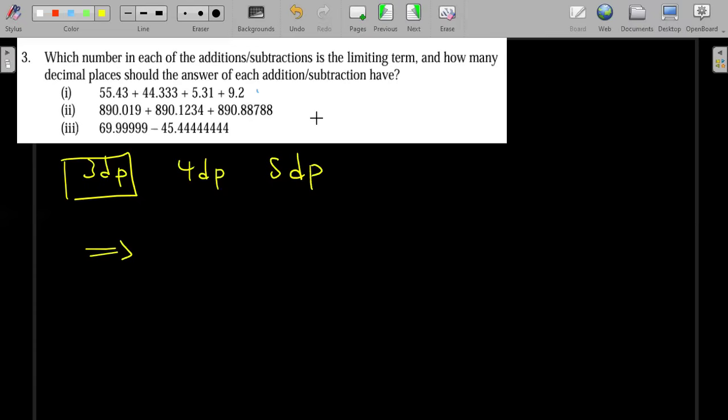Yeah. So on that final answer, you said that the final answer should be 114.3. But according to the rules, it says that when the number which is next to that number you are rounding off to, if it's an even number, you don't add anything. Come again. What are you saying?